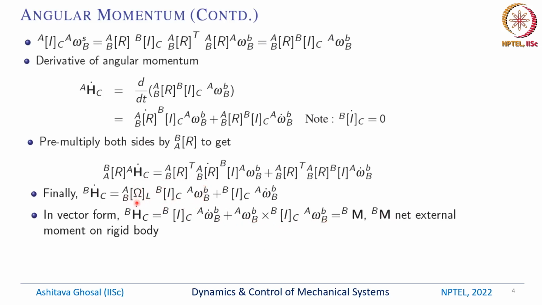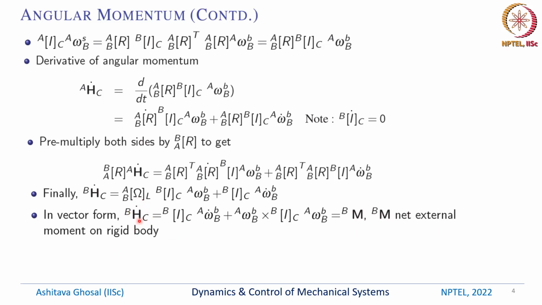Instead of taking a skew symmetric matrix, I can say this is like a cross product. So what do we have here? The derivative of the angular momentum in the B coordinate system is I into derivative of the angular velocity plus omega cross I omega. Okay, and this whole thing will be equal to the net external moment which is acting on the rigid body.